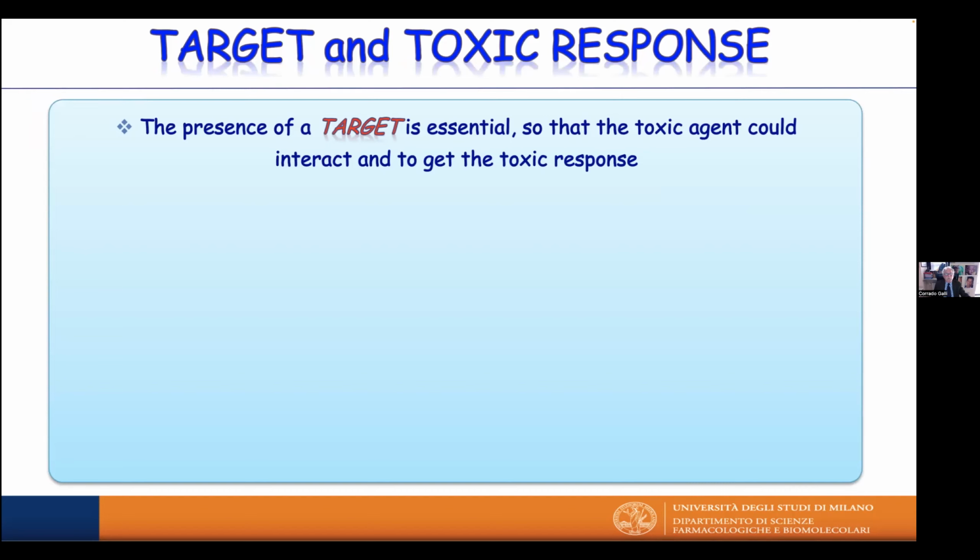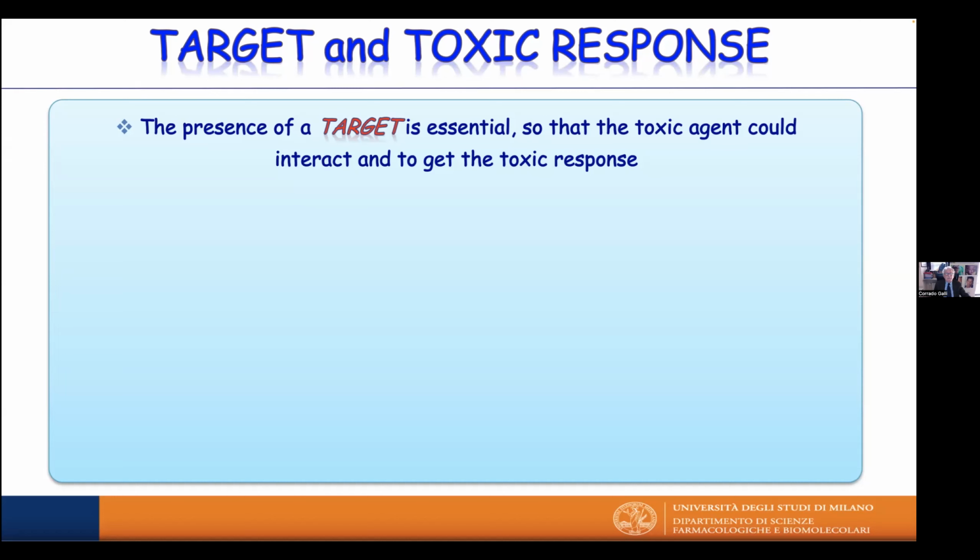Now, other questions are, for instance, how they cause toxicity, and not only because of the pharmacodynamic properties of your chemical, but you have to know that there is a target, essentially. The first thing is to understand from the ADME properties whether your chemical is absorbed, metabolized, distributed and excreted. This information is very important, because with very good ADME information you can anticipate what can happen in the body.